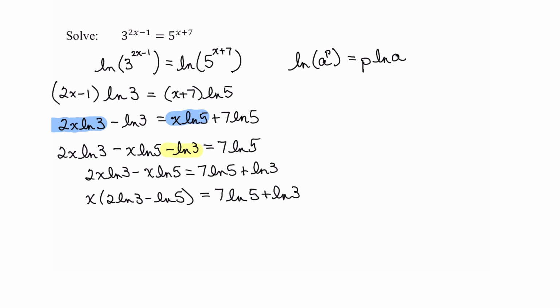So we are going to divide both sides by 2 times the natural log of 3 minus the natural log of 5. And we will get x is equal to 7 times the natural log of 5 plus the natural log of 3, divided by 2 times the natural log of 3 minus the natural log of 5.